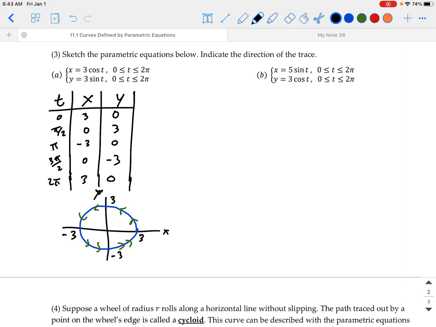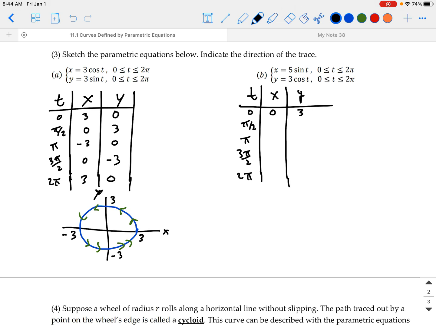Now for B, now we've got different coefficients. So this is obviously going to look a little bit different here, but we're still doing sine and cosine between 0 and 2 pi, so we can still choose nice values at the axes. All right, so let's see what we get here.